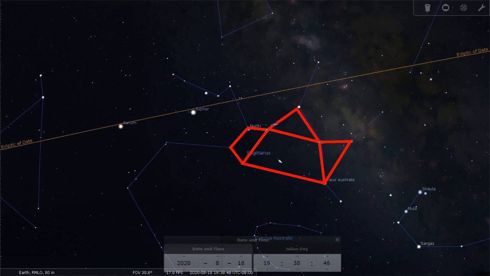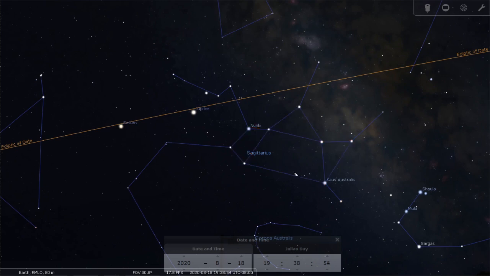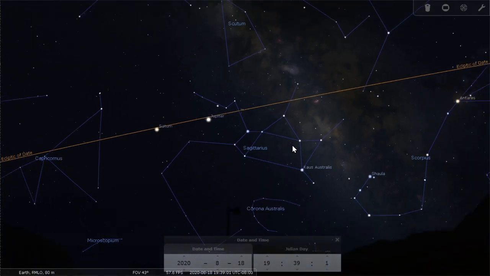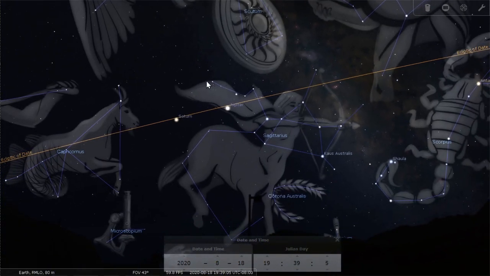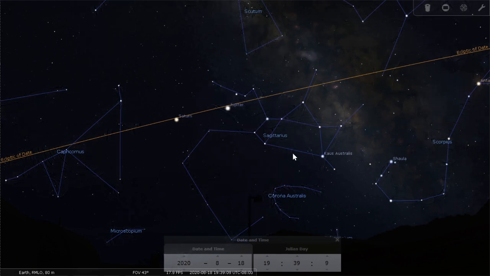So the teapot shape of Sagittarius is great. The term Sagittarius doesn't have anything to do with a teapot. It actually has everything to do with archery, in particular the archer, which as it's normally drawn for some reason is always a centaur archer. Sometimes it has wings, sometimes it has a cape, depending on how it's drawn. It's a weird thing.